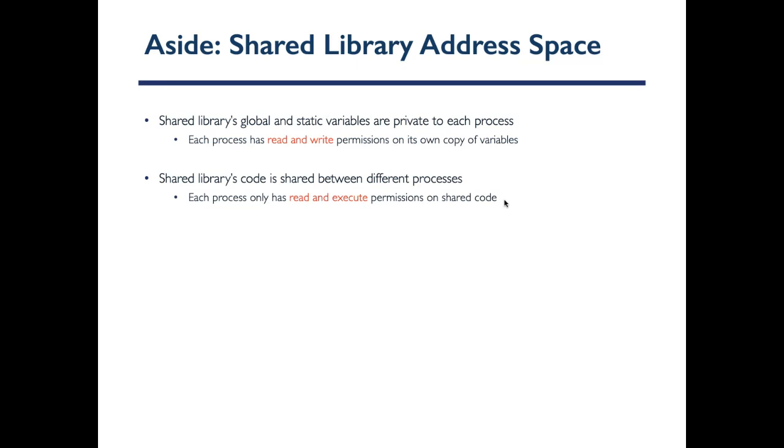So again, I'm taking a step back. If you remember, we said with dynamic linking, you wait until the last moment when the program starts using the shared library routines to link the library into the virtual address space of that program.